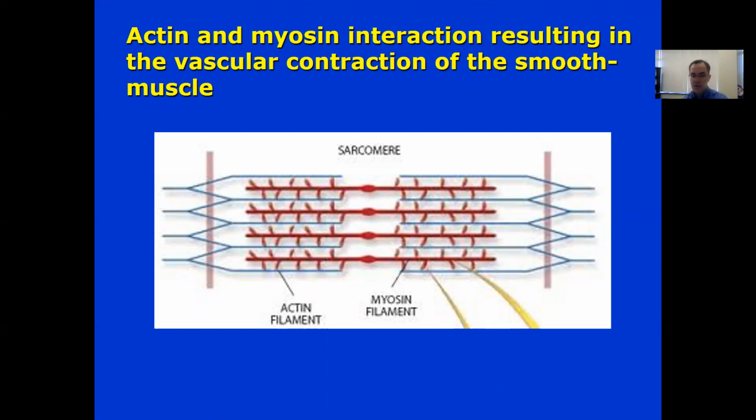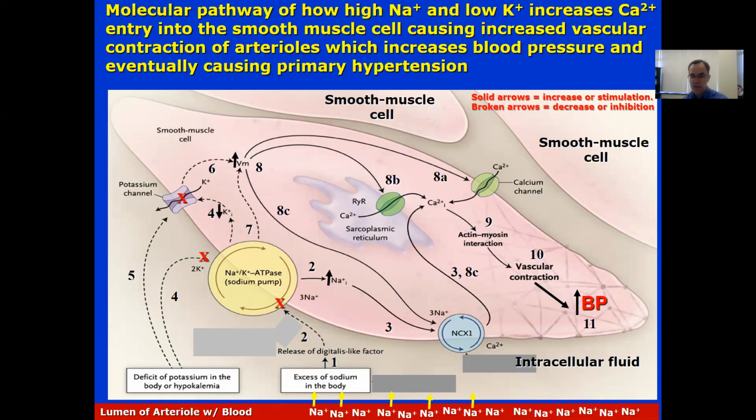And when they come together, that's going to cause the vascular contraction. So the opening of the arteriole is now going to contract and it's going to narrow. And when it narrows, you have less lumen space for the blood to flow through. And with less space for the blood to flow through, you have an increase in blood pressure.